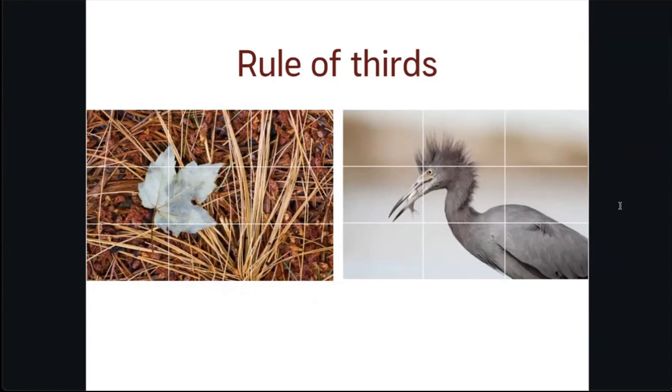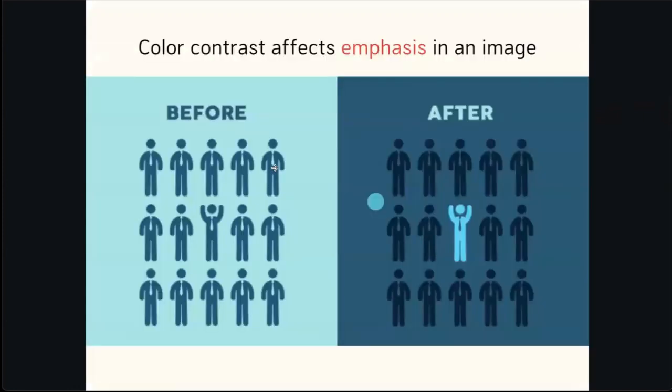Proponents claim that aligning a subject with these points creates more tension, energy, and interest than compositions that are just center focused. You'll see the leaf just a little off to the side instead of directly centered, which causes a little more tension.